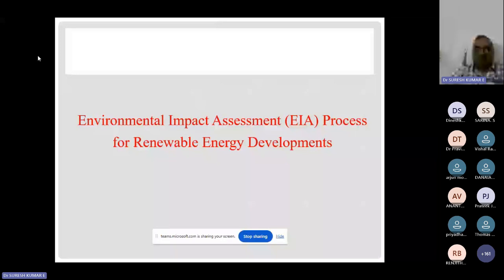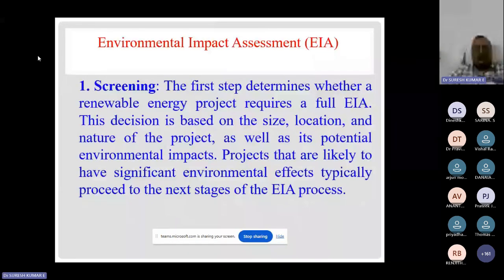Using the tools, we will address the process. One is screening. The first step is called screening. The first step determines whether a renewable project requires a full EIA or not. That's the first screening, just like a doctor diagnosing a patient, whether the patient should be admitted or not.